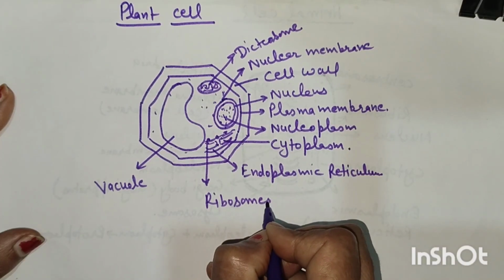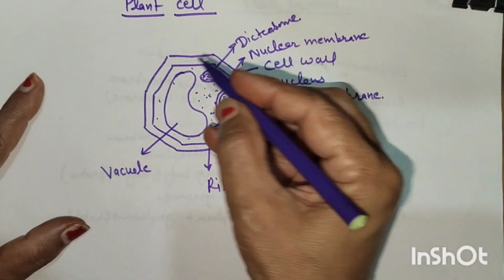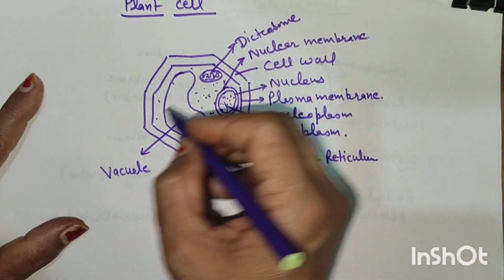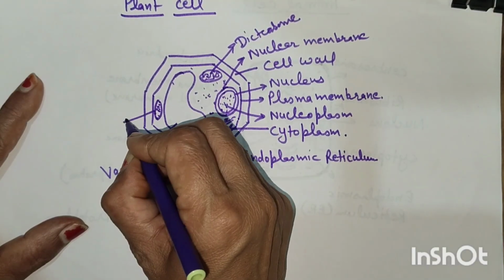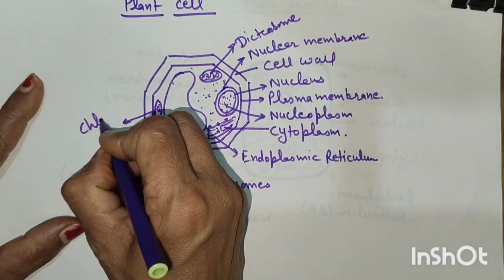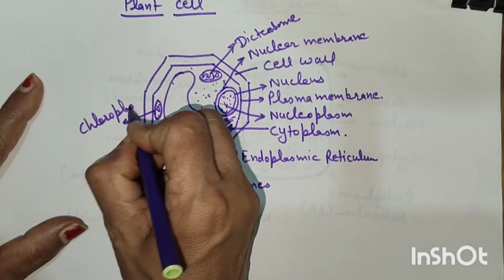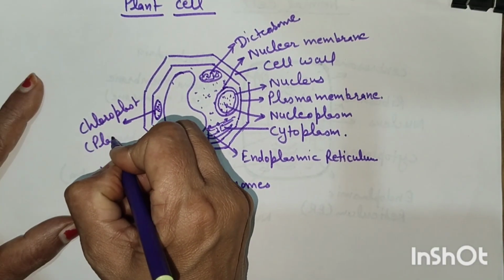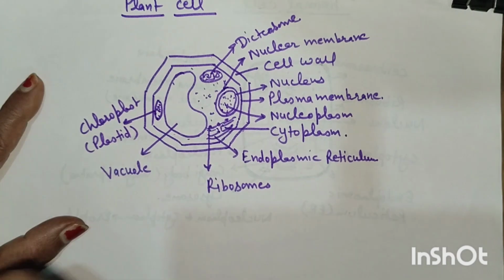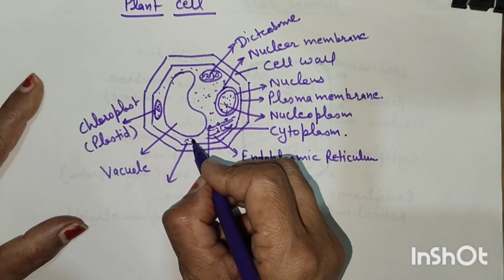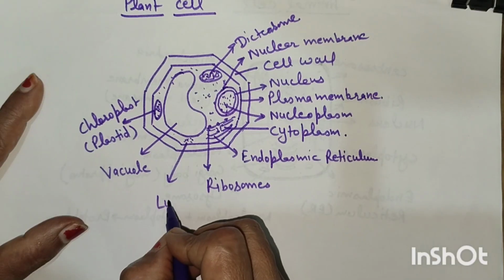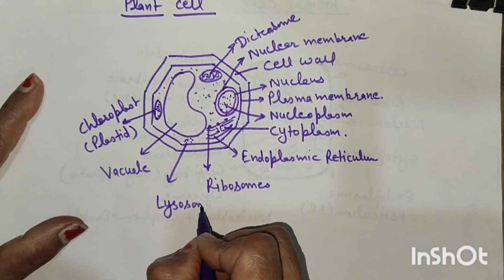As you know, plant cells do the process of photosynthesis. Here is another organelle that is called the chloroplast or plastid. Here are present certain other organelles, lysosomes.